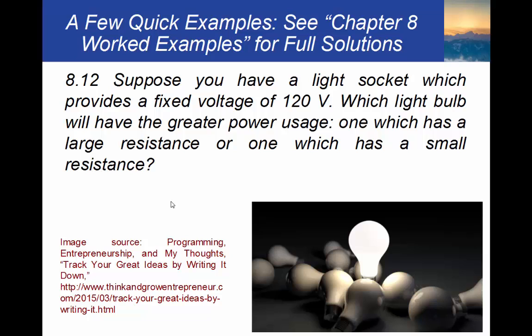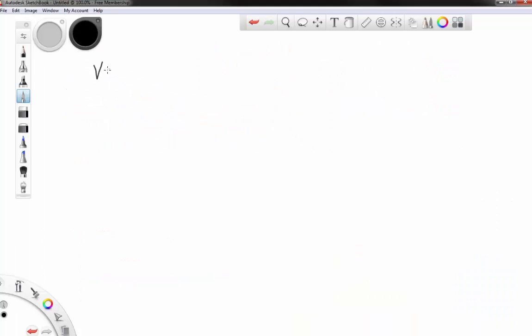The other way around is to pick 2 internal resistances and figure out how much power draw they would have given a 120 volt supply. So let's do it that second way. Voltage by Ohm's law is resistance times current. Power is current times voltage.